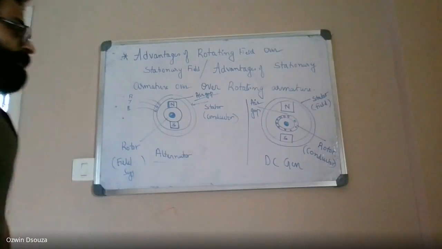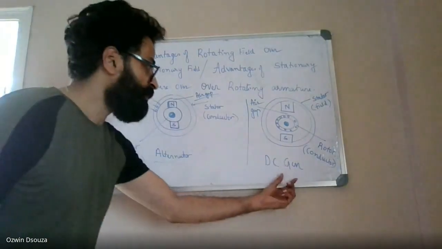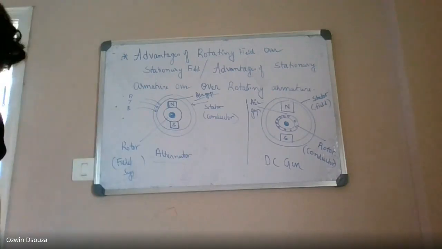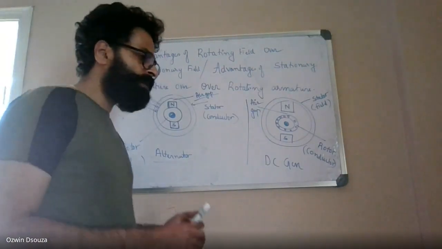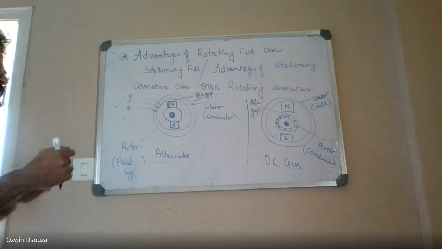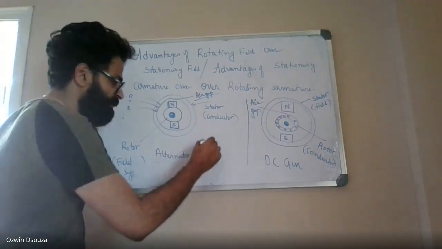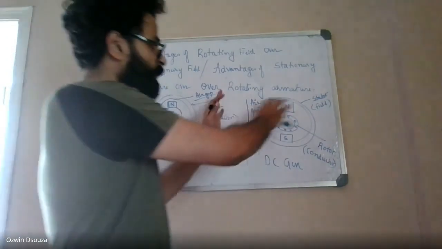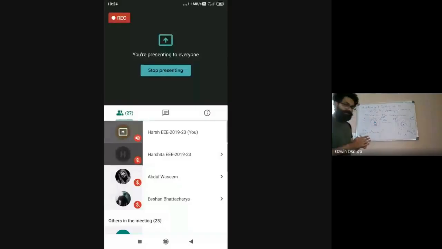Now, construction of DC generator and construction of alternator. In modern days, you can see the alternator constructed using this approach. We don't construct an alternator with the earlier approach.